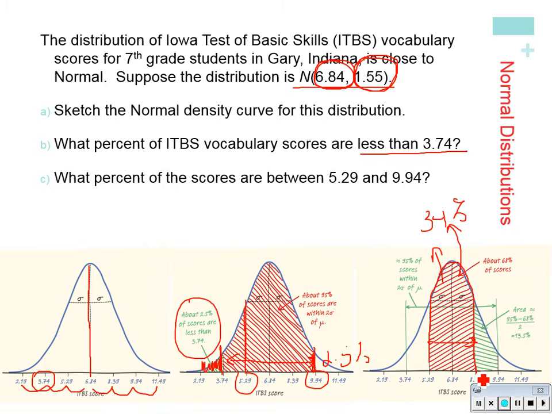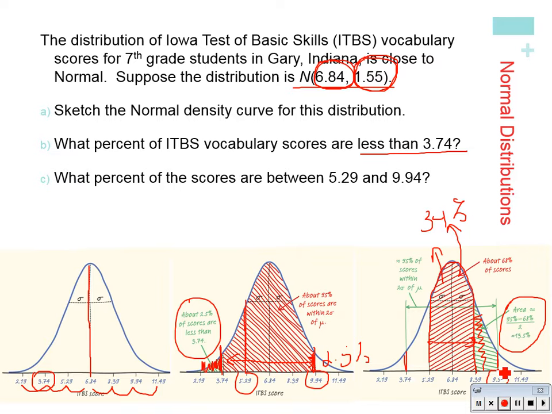So what I'm looking to figure out is what percentage of the data is going to fall in this area here. One of the things you can look at, and that's what I'm referencing over here, is that this 9.94 value is 2 standard deviations above the mean. So the area under the normal curve that goes from here to here is 95%. It's 0.95.